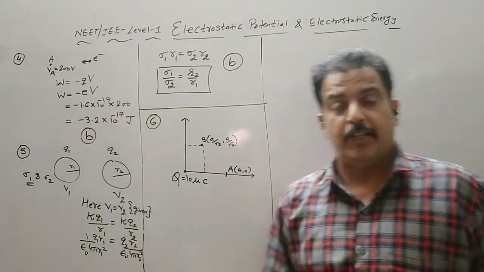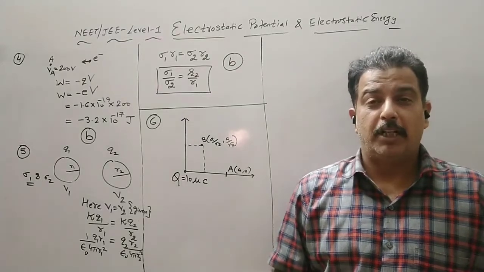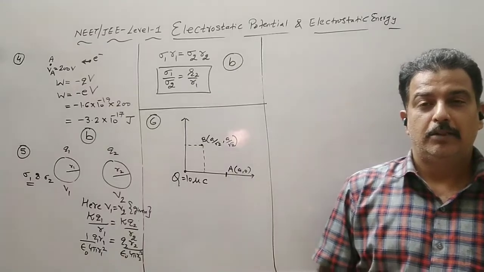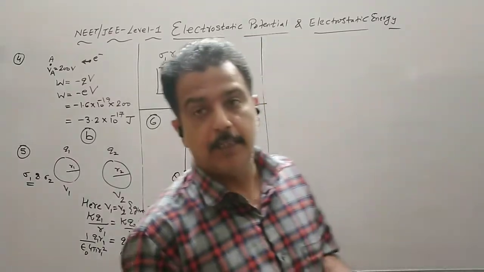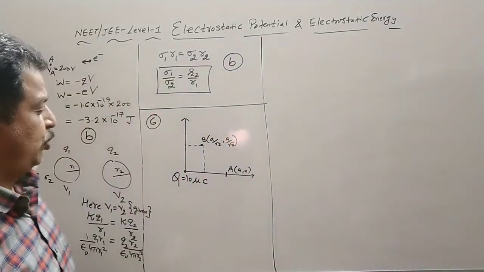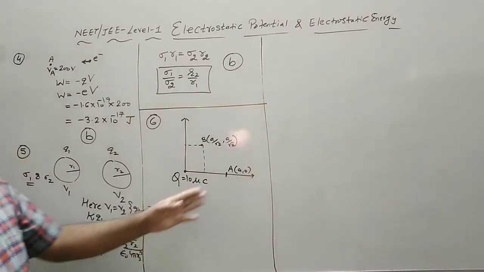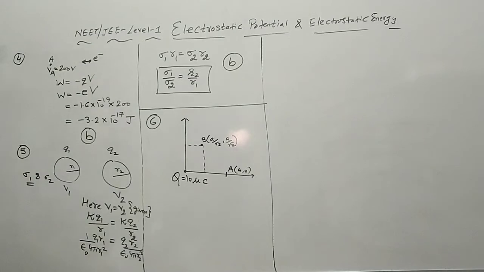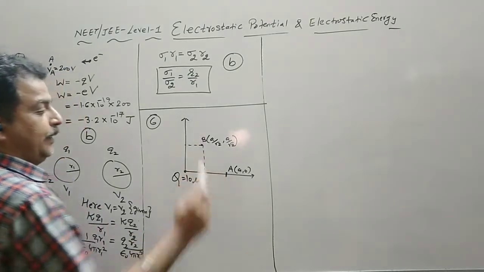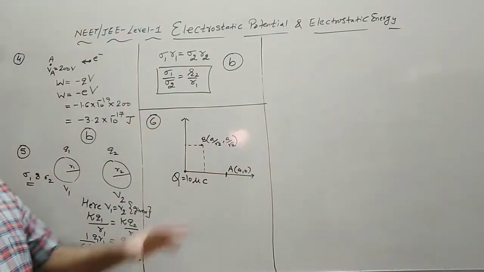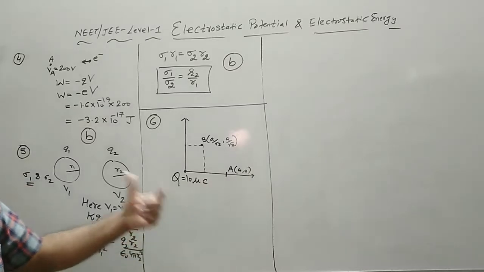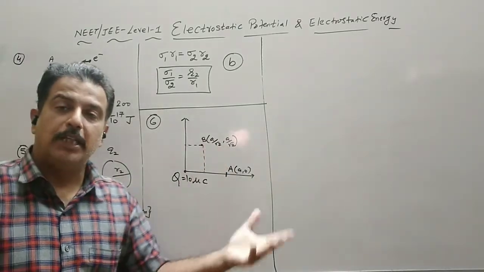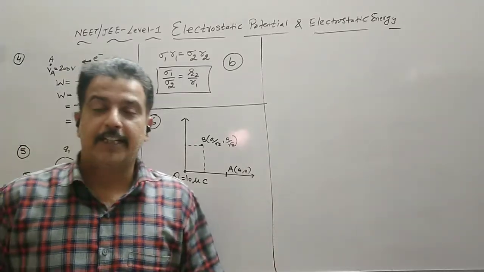So potential difference means the work done to move a unit positive charge from one point to another against the field. So you have to move a charge from, say, point A to point B. Now to move a charge from A to B, the potential difference should be equal to VA minus VB or VB minus VA, whichever is greater.